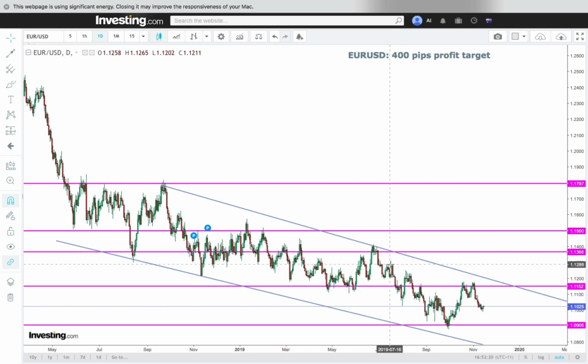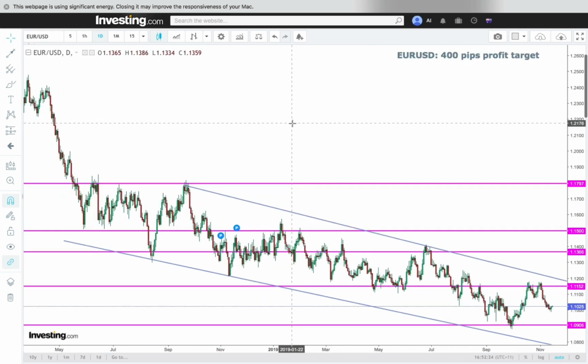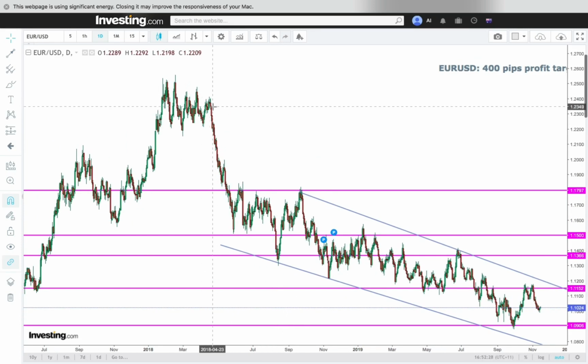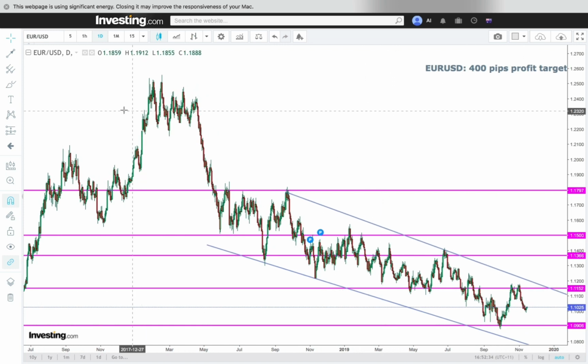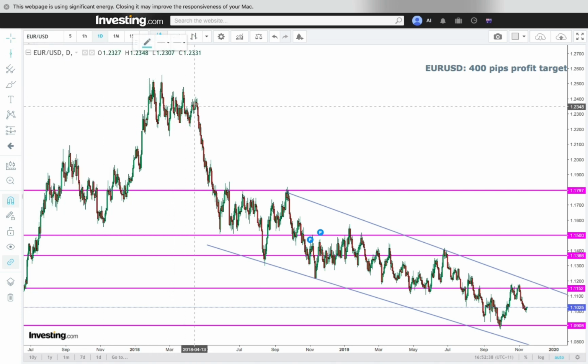So as you can see, the market started coming down from here. From this point, the market went all the way down here. I want to put a line over there. So from that point, I'll just make it a different color.